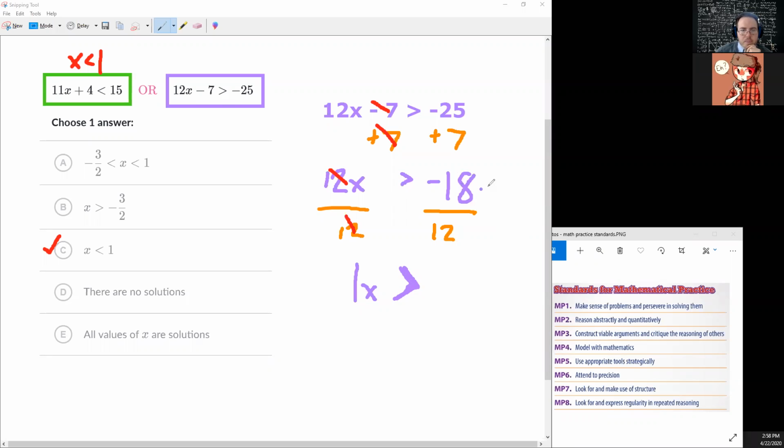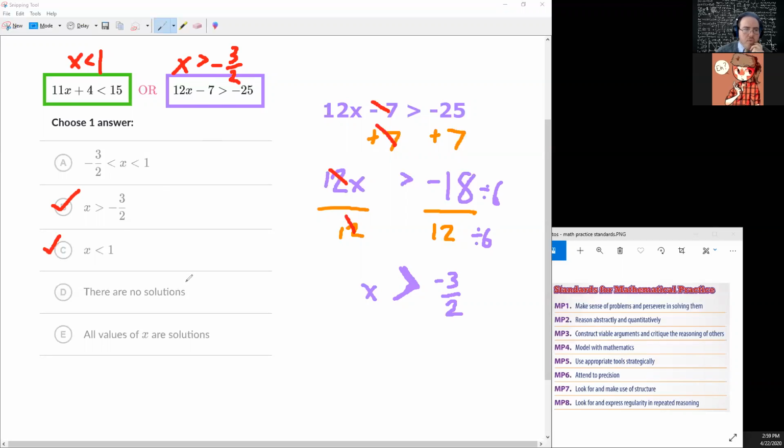So if I divide both top and bottom by 6, that would be negative 3 halves, negative 3 over 2. So that means that x is greater than negative 3 halves, negative 1.5, basically. So yeah, I agree with this one as well.